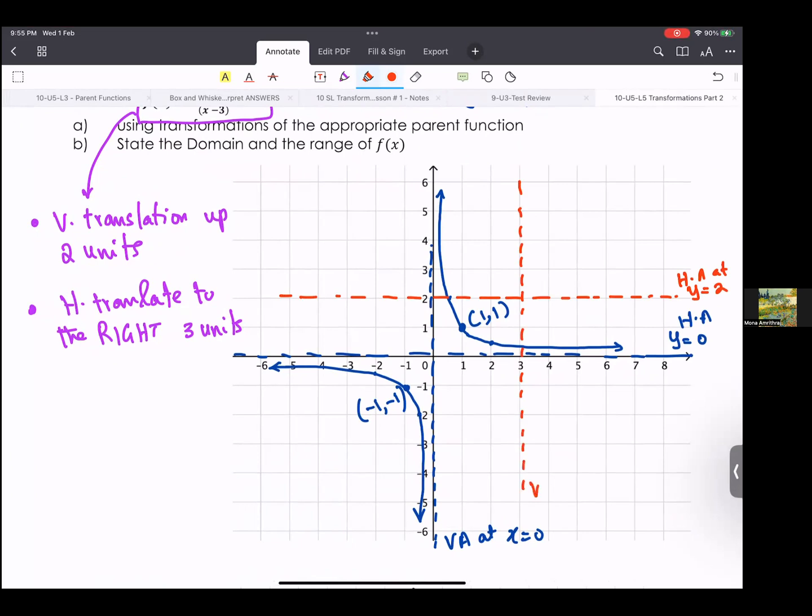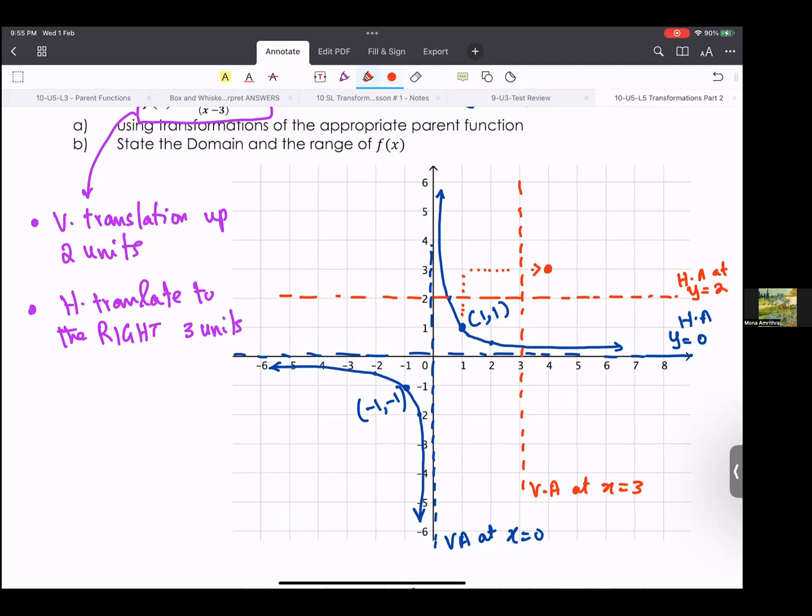That's your vertical asymptote at x equals 3, right? So this particular point here, 1, 1, goes up 2 and right 3. So that's where it ends up.